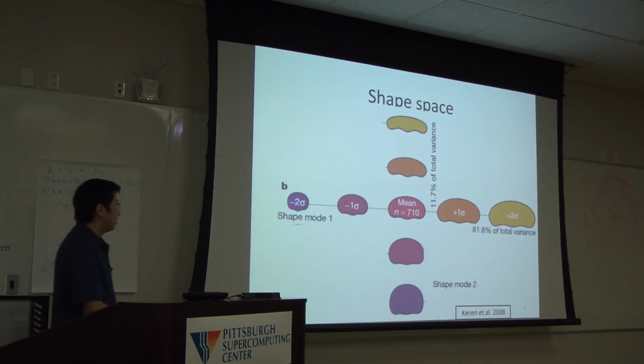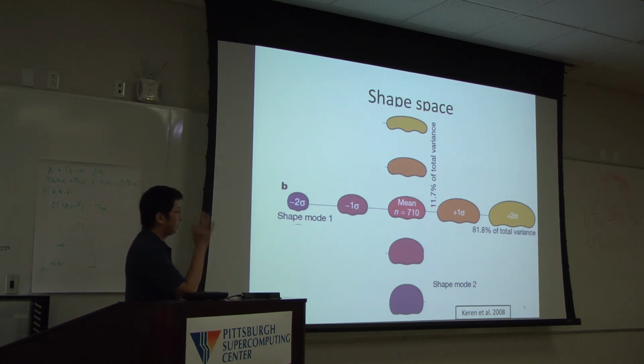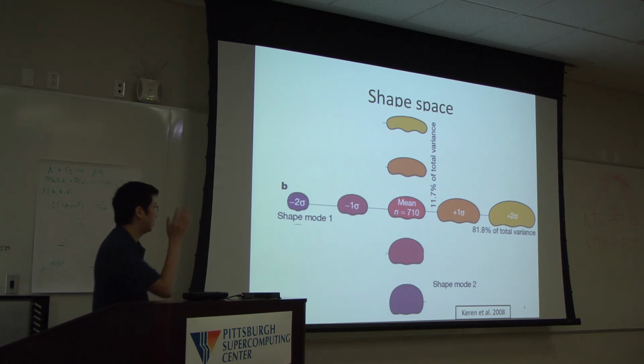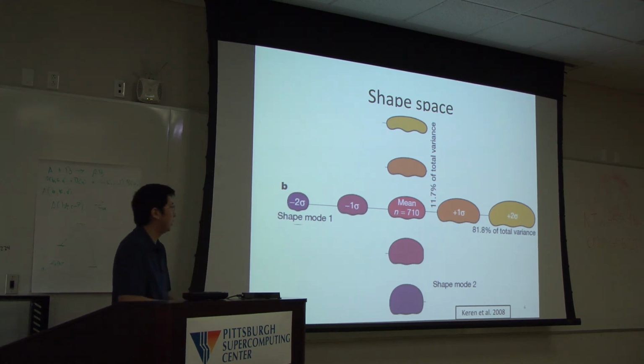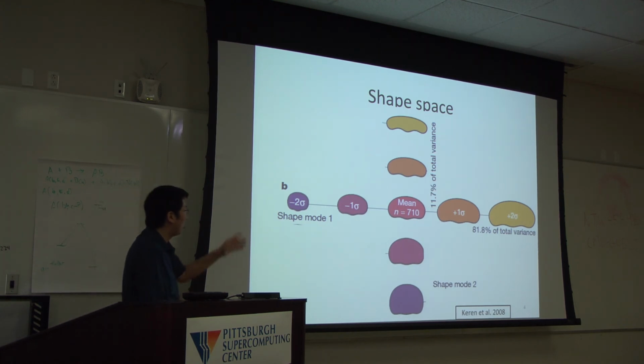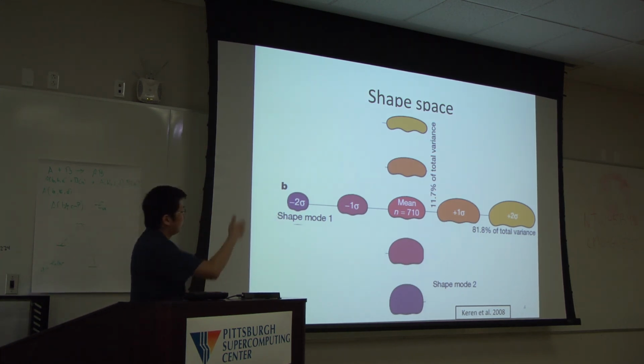And we can use the results to build a shape space. A shape space is a vector space in which each point can represent some shape. Here we use the first two modes of the results to build a shape space. The x-axis represents the first mode, and the y-axis represents the second mode.